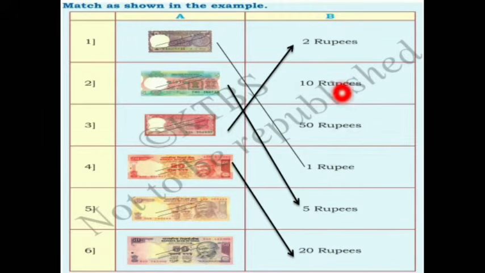Here, where is 10 rupees? Here. So, we should match these two. Next, we have this note. Last one. What is the value of this note? Yes, it is a 50 rupee note. Here, where is 50 rupees? Here. So, we should match these two.